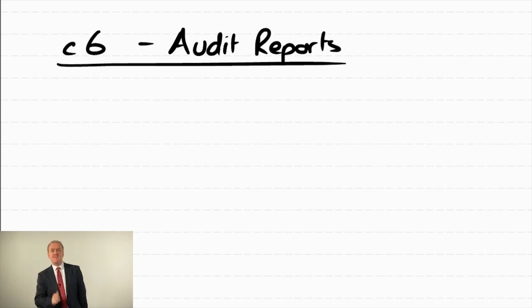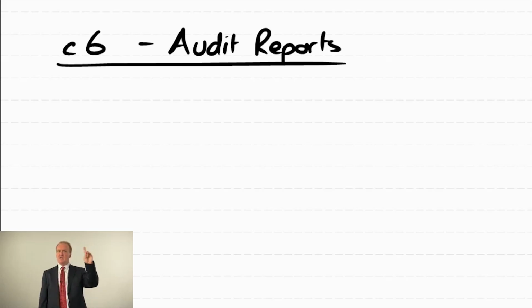The idea being, if it only affects a small number, we can say, well, here's a problem, but except for that, everything else is fine. Whereas if the problem affects multiple balances, if it's a lack of evidence, we can't give an opinion at all. And if it's misstatements, we will say the accounts do not give a true and fair view. So those are our 4 modified opinions.